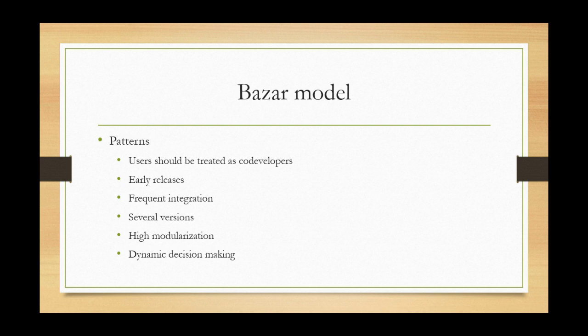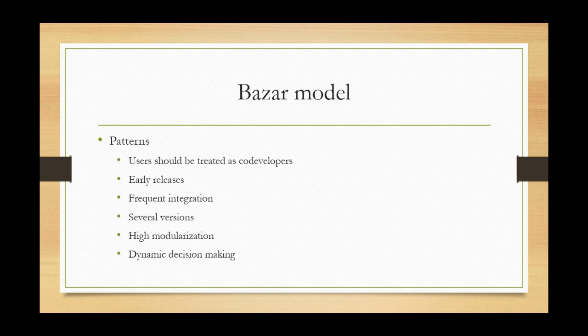Then another pattern is that there should be high modularization. We say that the general structure of the software should be in modular form, which will allow parallel development on independent components. You should not develop a software as a single thing.